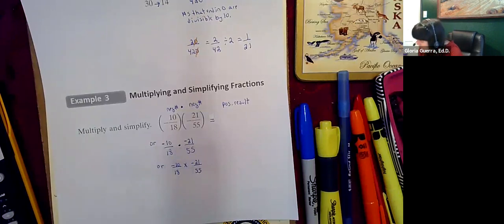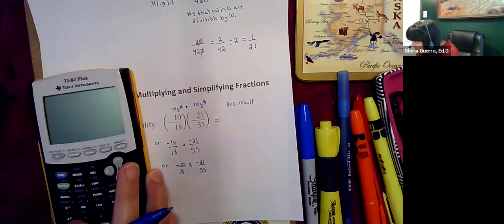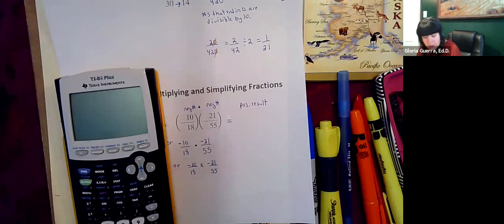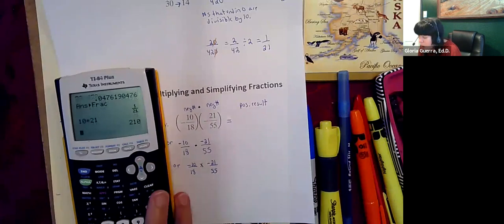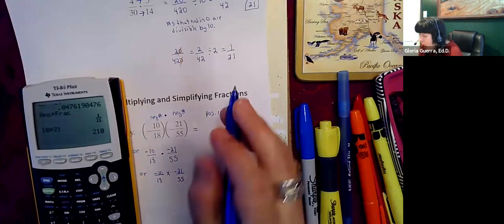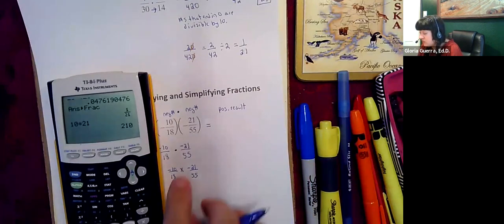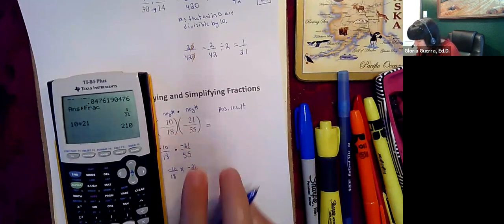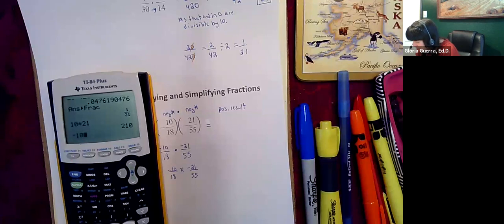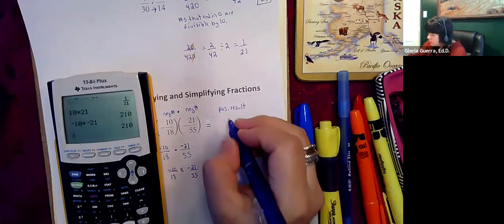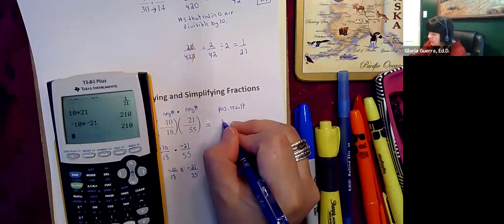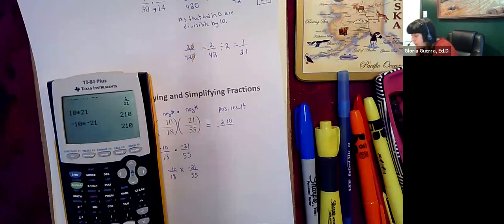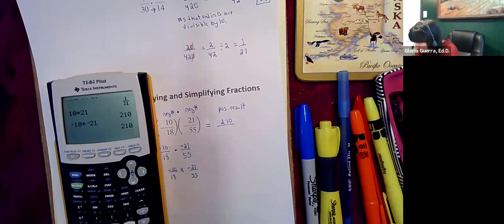If I start multiplying across, I have 10 times 21. It's actually a negative times a negative, so let me go back. Negative times a negative is a positive. So negative 10 times negative 21 is a positive 210. On the bottom, I have 18 times 55.